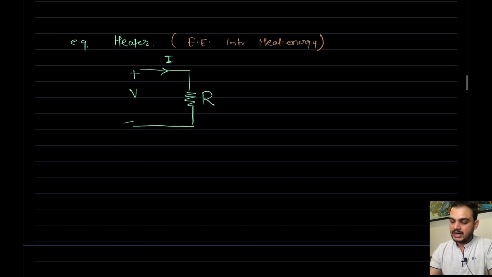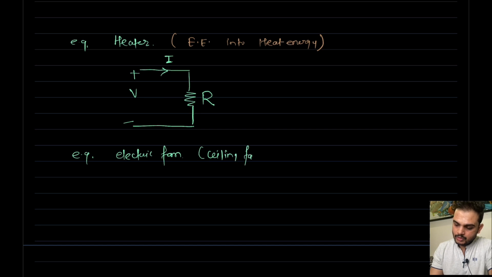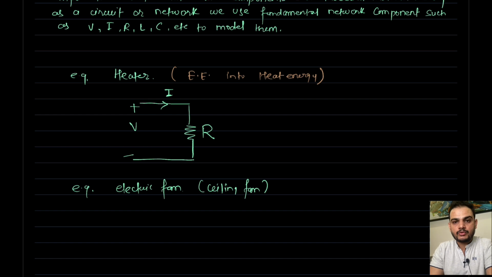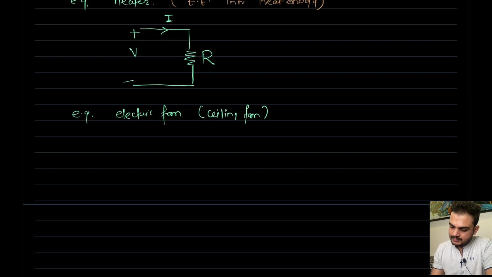Now let's take another example, an electric fan or ceiling fan. A ceiling fan is an example of an RLC network or RLC circuit. Why am I saying RLC?